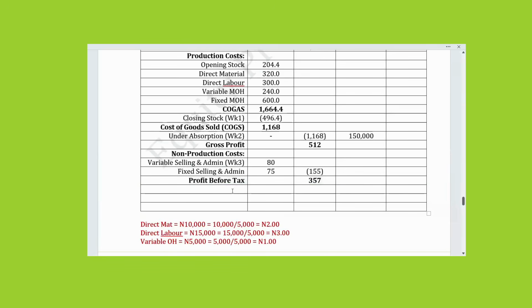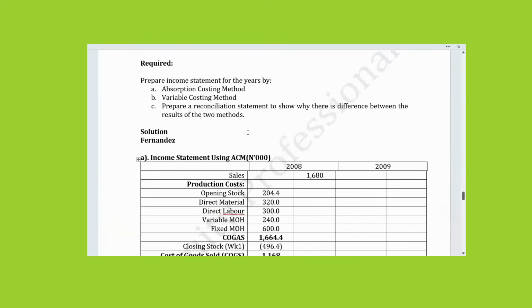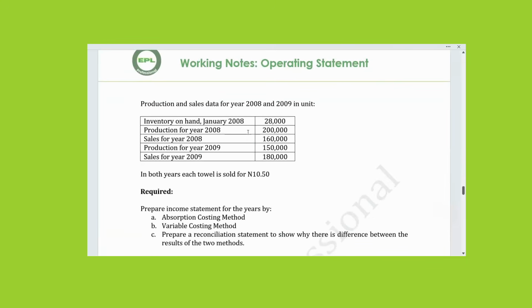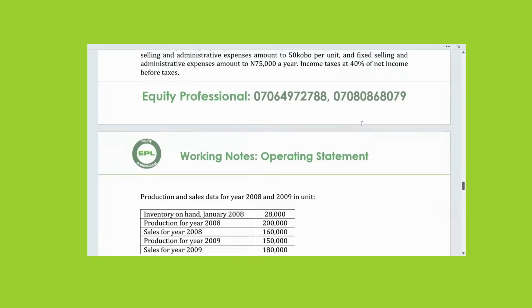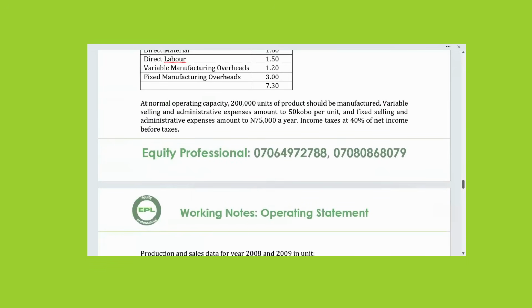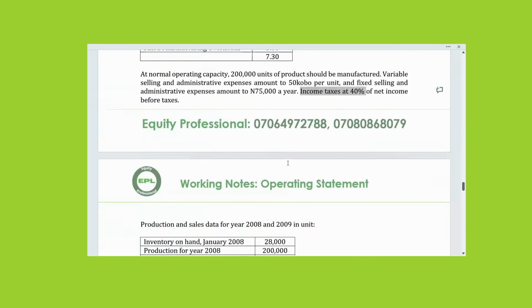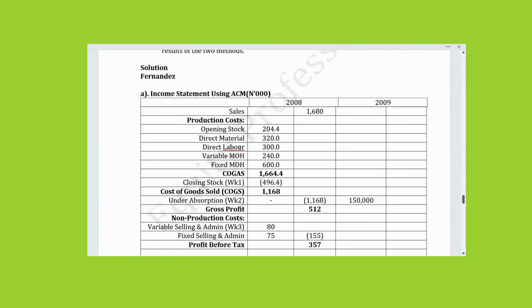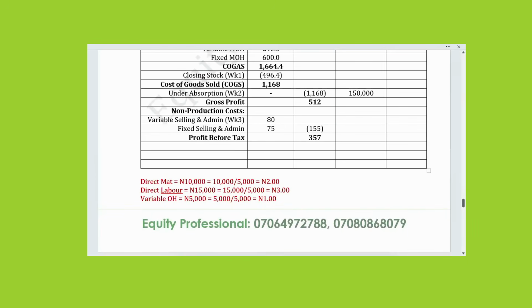Then, immediately after profit before tax, we go back to the question and check if we are given income tax. So according to the question, we are given tax rates of 40%. Therefore, we need to include that in our calculation.